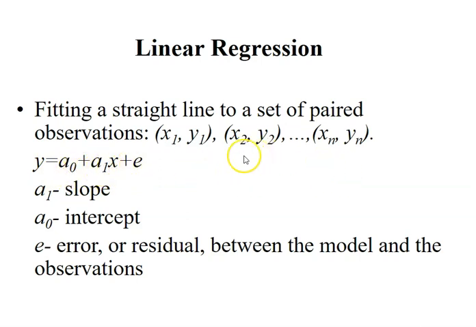So in general, if you have data and you draw a graph, y bar and x bar, and you plot the data, you can get the intercept at the y axis, and the slope is actually delta y over delta x. So you can calculate this by drawing a graph. But without having to do that, we can also calculate it using the formula for linear regression.